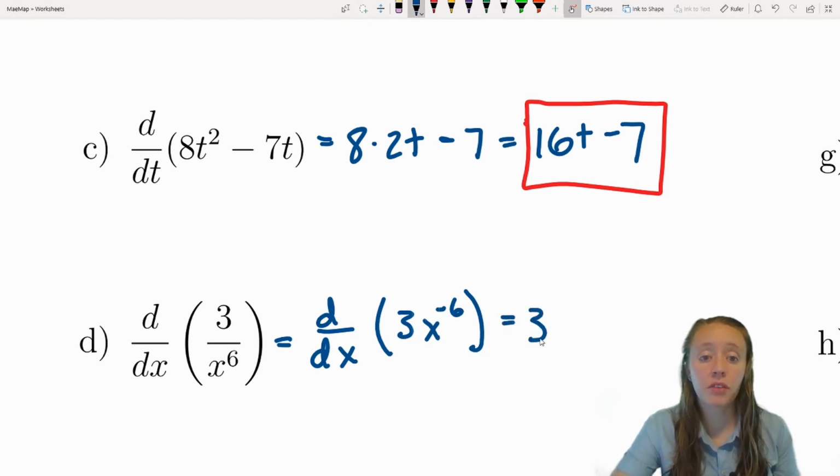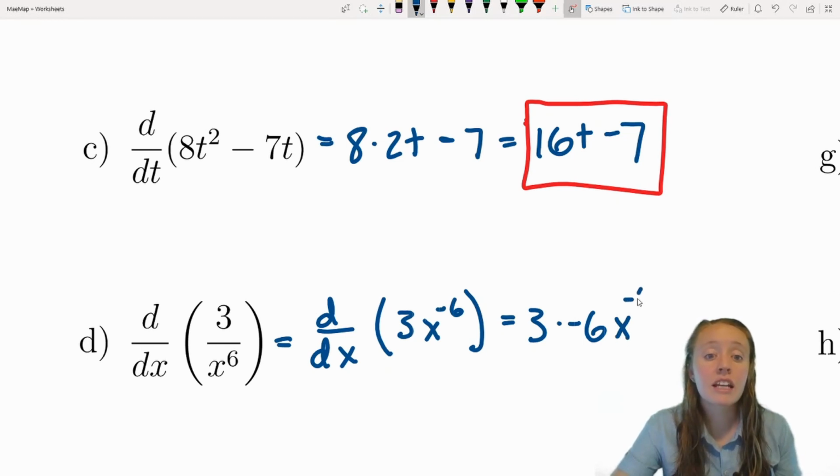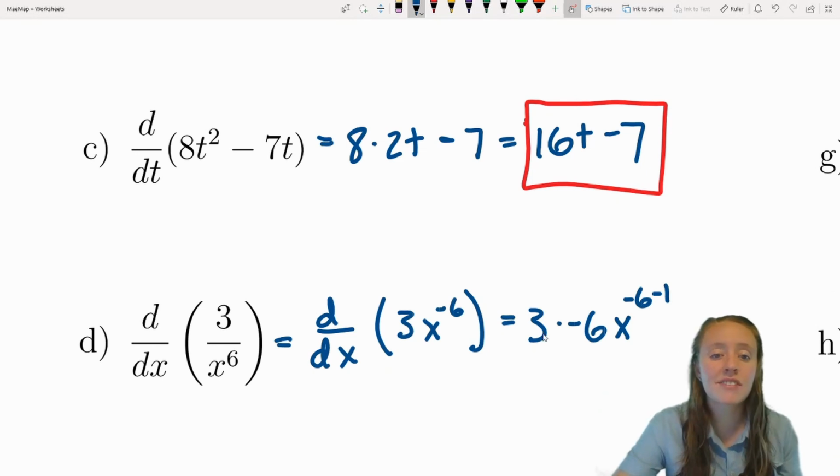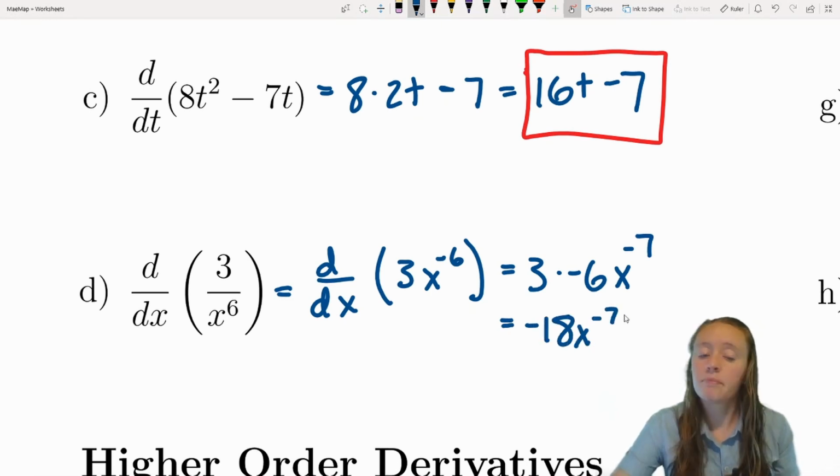First, leaving that 3 out in front because of the constant multiple rule, and then we're going to multiply that by bringing that negative 6 down in front. Then we'll have x to the negative 6 minus 1. We're going further into the negatives. That's going to be to the negative 7th. So this is going to be negative 18x to the negative 7th.